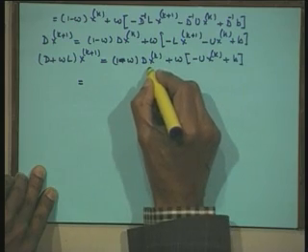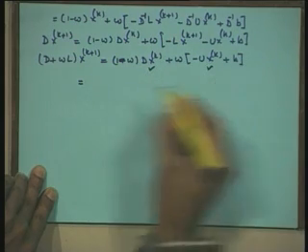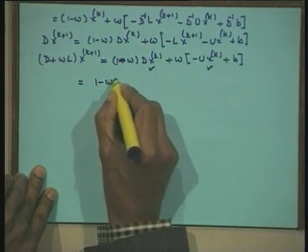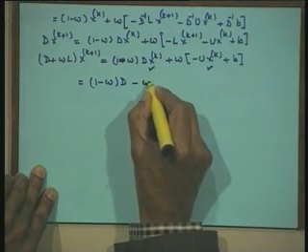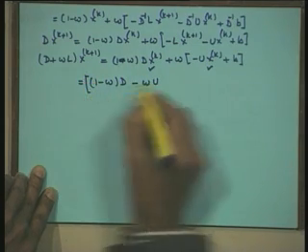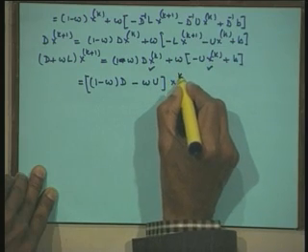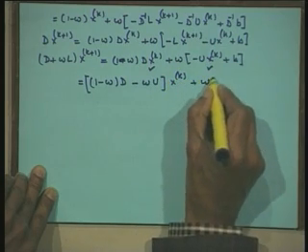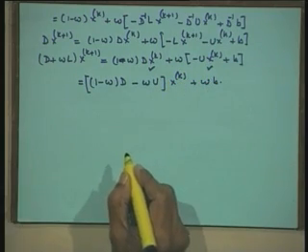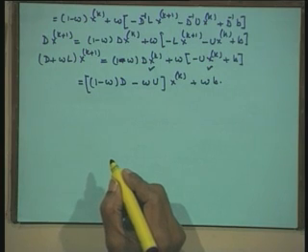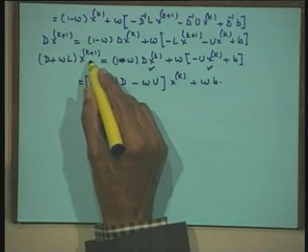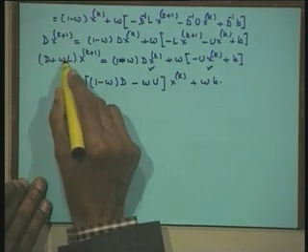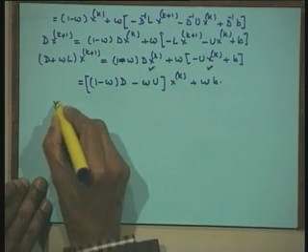Now, let us combine this x k term and this x k term. So, I will have 1 minus omega into D minus omega into U into x k plus omega into b. Now, the solution of this system is our x k plus 1. Therefore, let us invert this matrix and find x k plus 1.